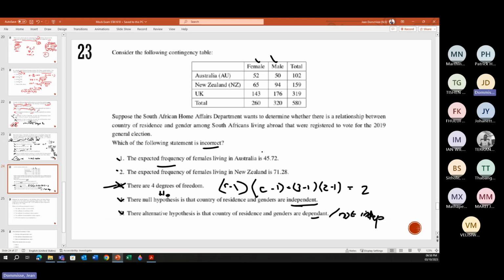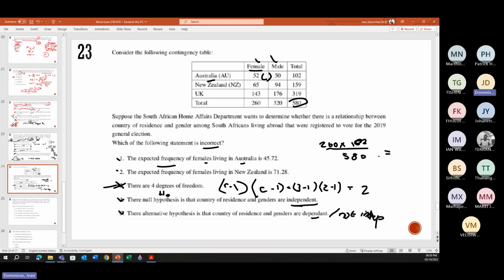Expected frequency of females in Australia. To work out that expected, it would have been total of females times total of Australia, divided by the total.